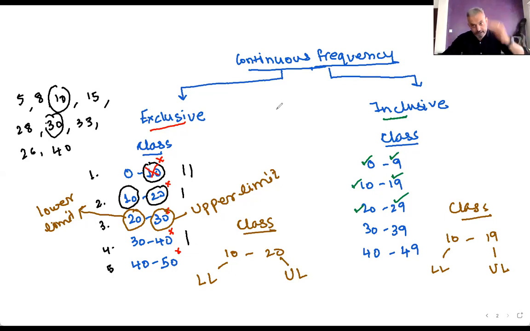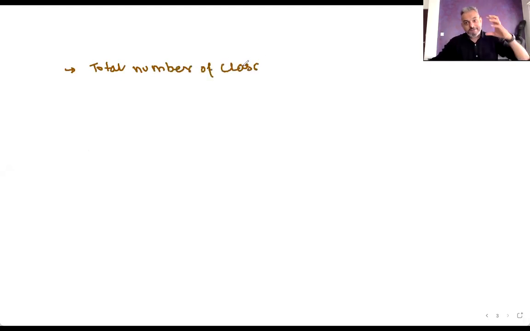Write this down, then we go to the next page for number of classes. Let's understand a few important points. First point, total number of classes. So normally when you have a data with you, like I said, minimum salary is 8,000 and maximum salary is 8 lakh per month.